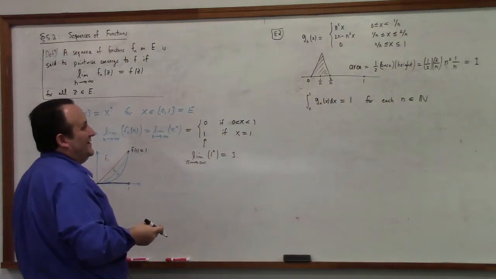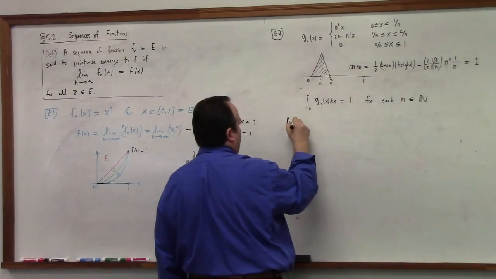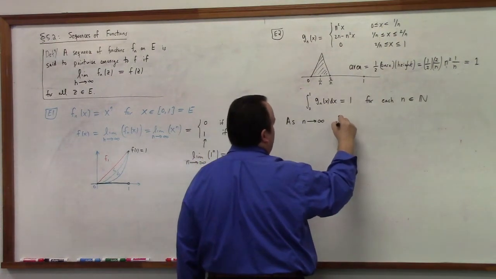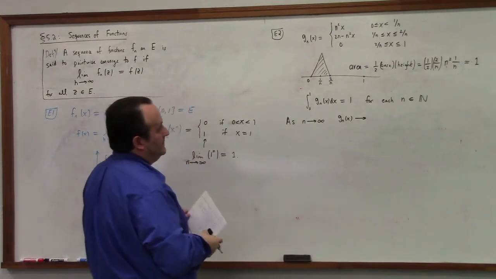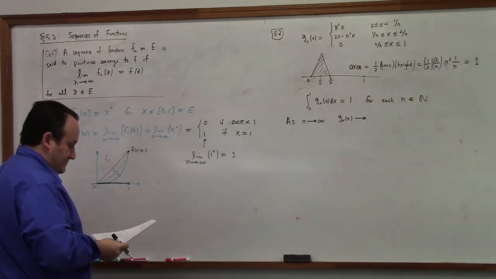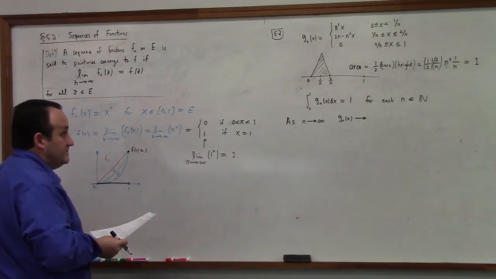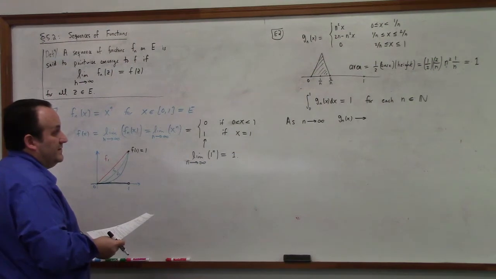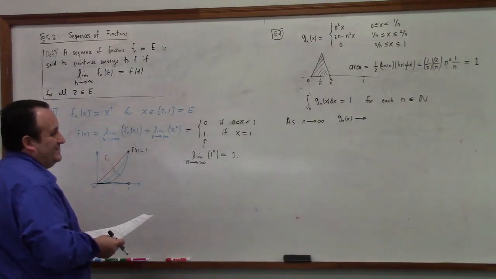What do you have as n goes to infinity? What happens with gn of x? Yeah, the triangle would just be like a little stick, getting closer and closer to 0. Right. So what ends up happening is that the area goes to 0?